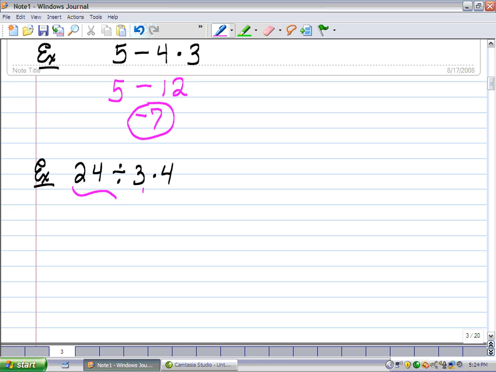So in this case, the division is first, so I'm going to do the division first. 24 divided by 3 is 8. I'm going to copy the times 4 and then do that next step, which gives me 32.